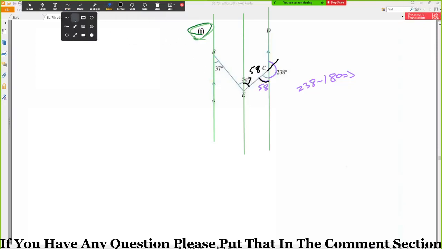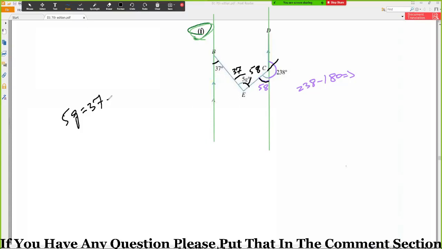Now let's check the another side angle. This black line is also crossing these two parallel lines, and this is 37, so it means that this angle will also be equal to 37. So it means that this 5G angle is equal to 37 plus 58.